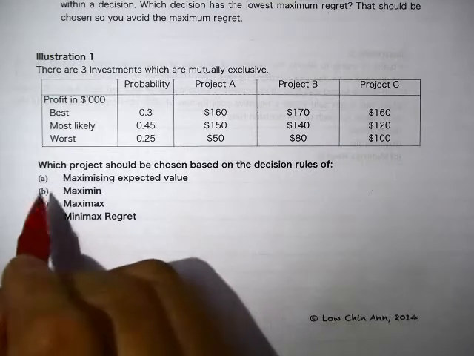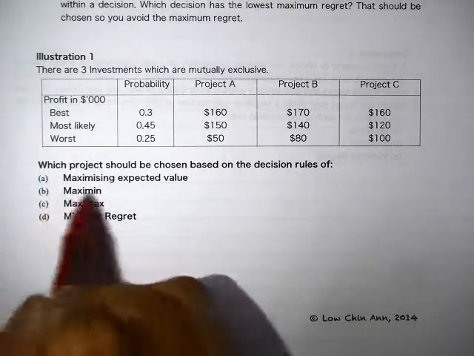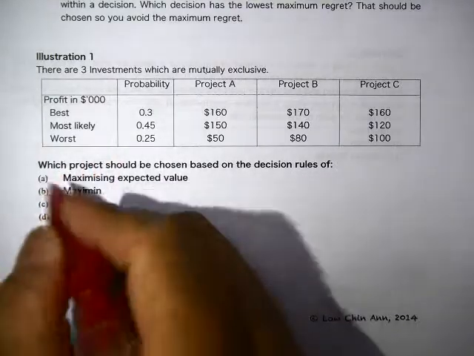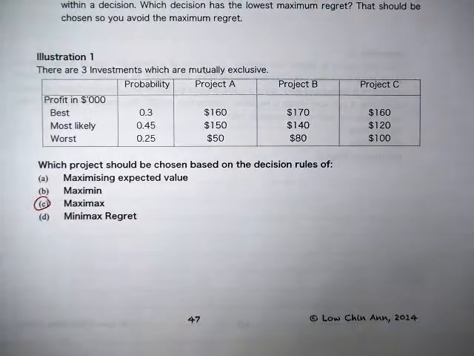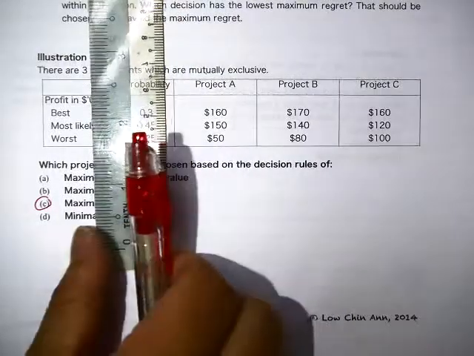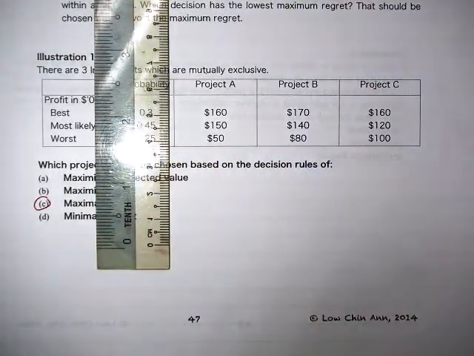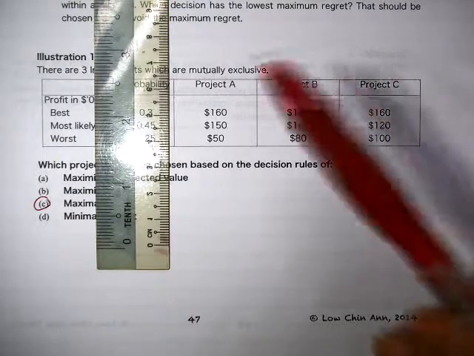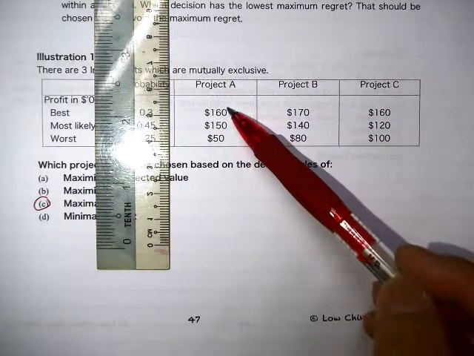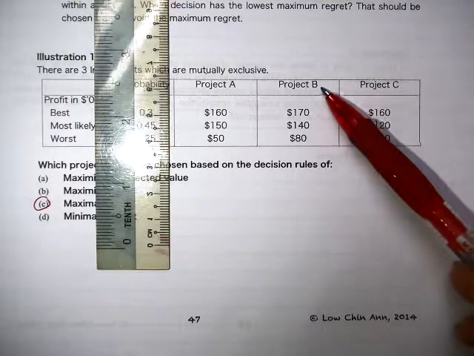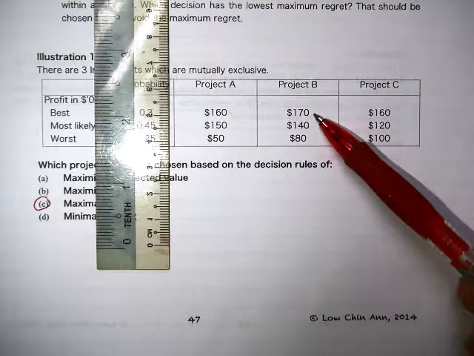Now we look at the first two, maximin and maximax. Now if you're using maximax, easier one. Maximax is what you assume situation is the best. Now if situation is the best, project A, which profit here is the best? Obviously the best is the highest. Okay, so it's 160. Now project B, the best is 170.